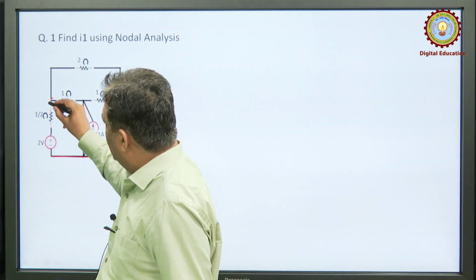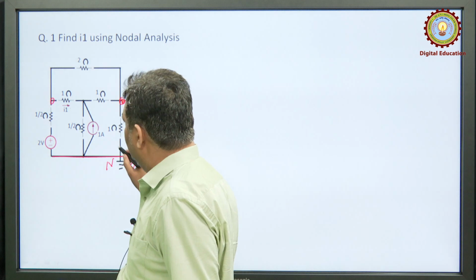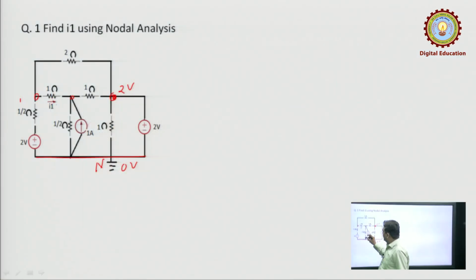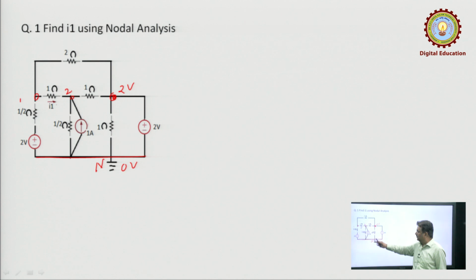Now, there is no direct source connection between this and the datum, so this will be the first independent node. There is no direct voltage source connection here either, so this will be the second independent node, and this is a simple node. So in this network there is a simple node, the datum node, and 2 independent nodes, node number 1 and node number 2. This is the first step, identification of the nodes.